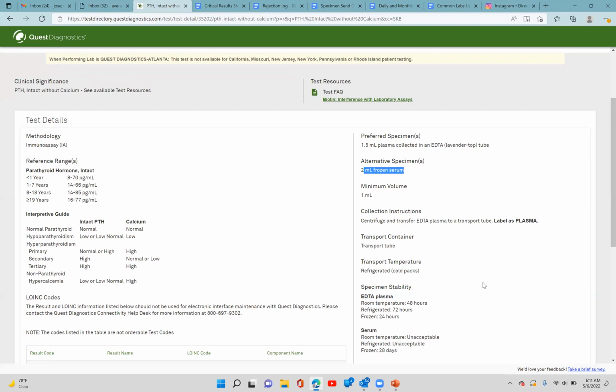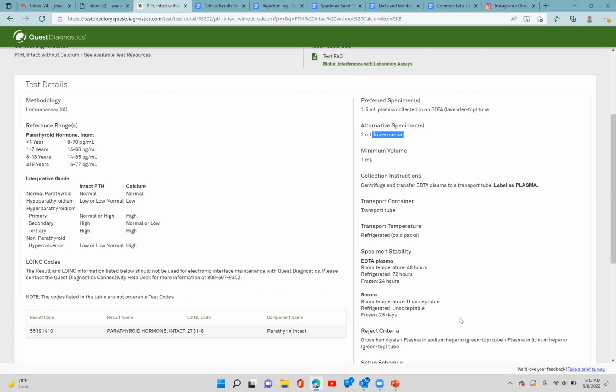So to send off frozen serum or plasma, you need to transport it to a transport tube. So never put anything with a gel barrier in the freezer. This is kind of confusing because it doesn't tell you how they want the frozen serum. So if you forget and send the entire tiger top frozen, it's going to be a reject.